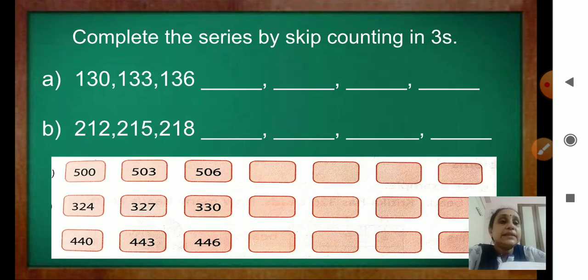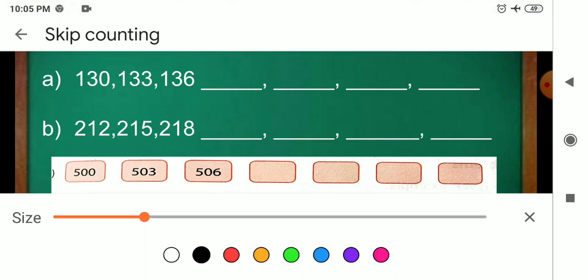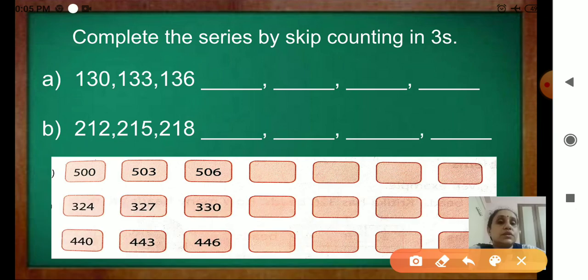Now complete the series by skip counting in threes. 130, 133, 136. So after 136, what you will get? Count 137, 138, 139.